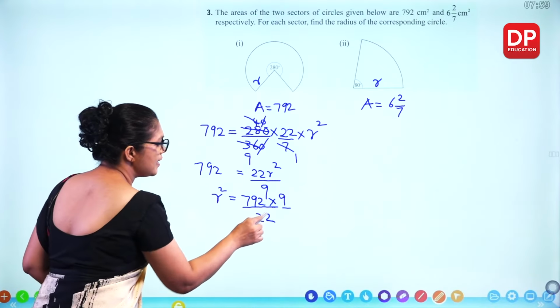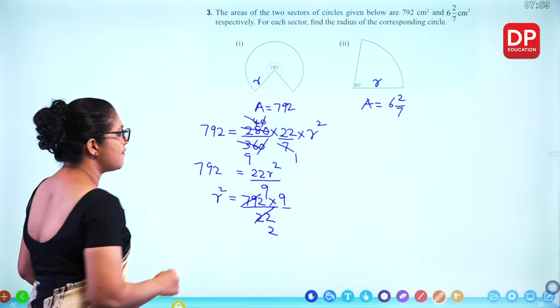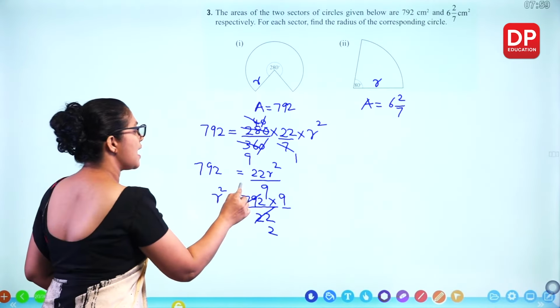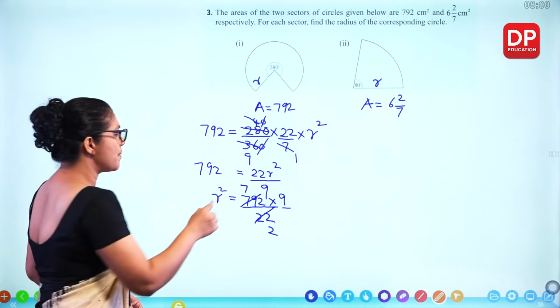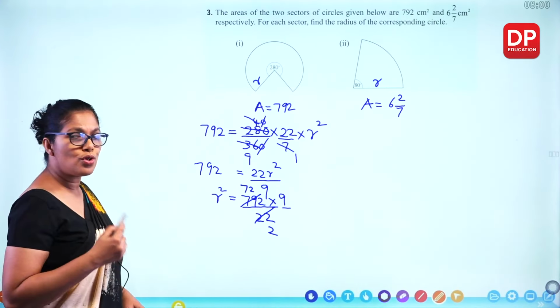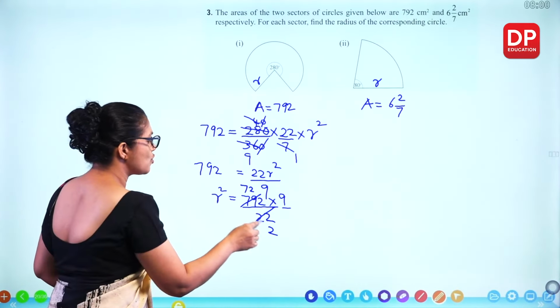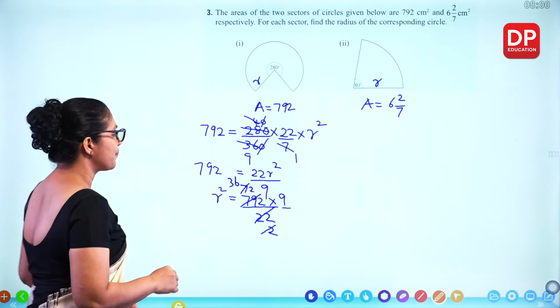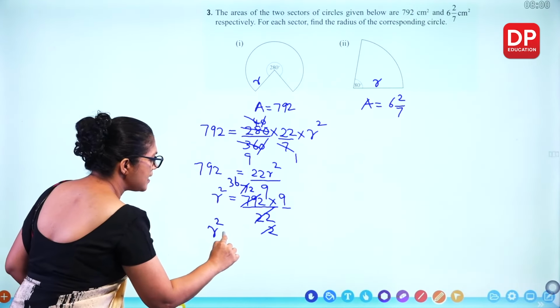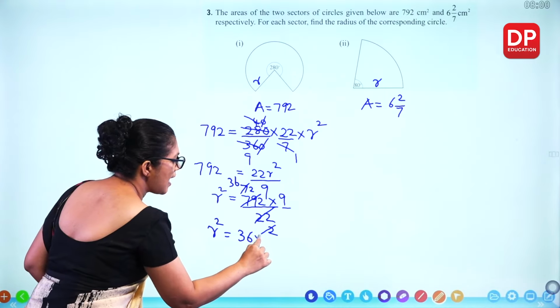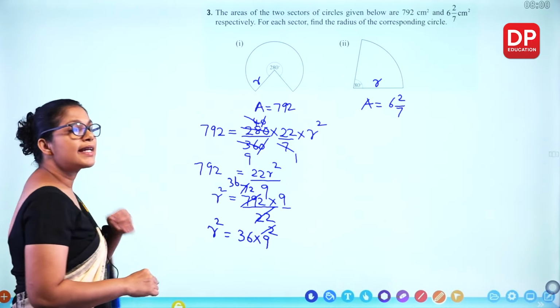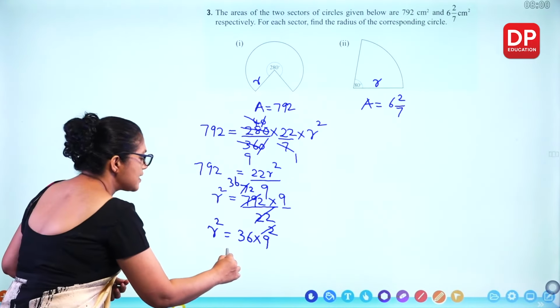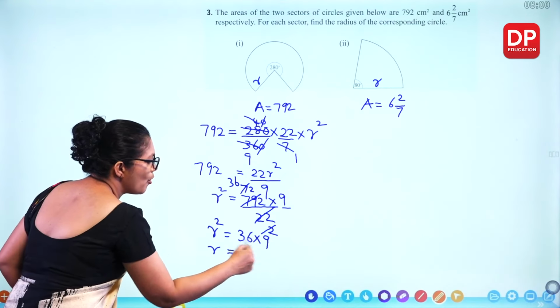Divide this by 11, you get 2 here. Divide this by 11, 11 times 7, 77, 2 remaining. 11 times 2, 22. 72 divided by 2, you get 36. So here r squared is 36 and 9. When you are taking the square root, you can take the square root of both these values.